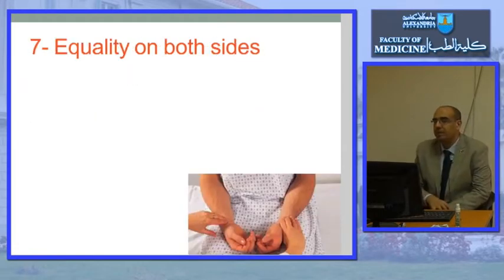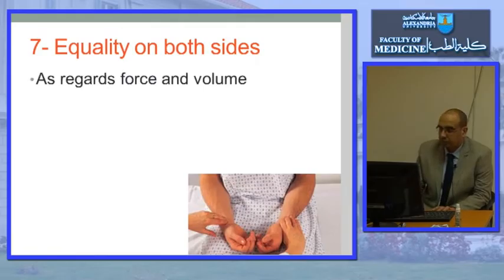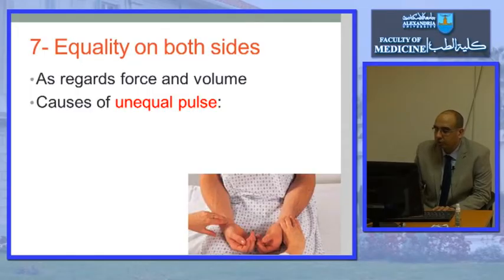The seventh item to comment on is equality on both sides. As you see here, this is how we comment on equal pulse on both sides. We comment regarding the force and volume, whether it is equal on both sides or not.